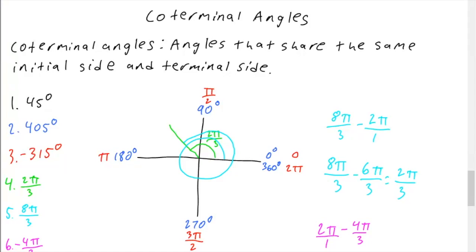Again, 6 pi over 3 minus 4 pi over 3 gives us 2 pi over 3. So this one also ends at 2 pi over 3, but it goes backwards. So this one starts here and goes backwards here. And all of these are coterminal angles. These last three, 2 pi over 3, 8 pi over 3, and negative 4 pi over 3, are also all coterminal angles because they all end at the same side.